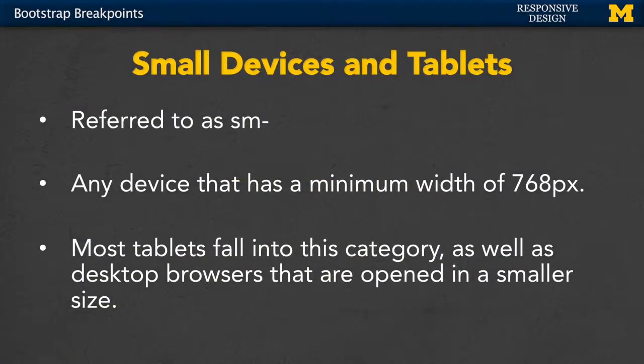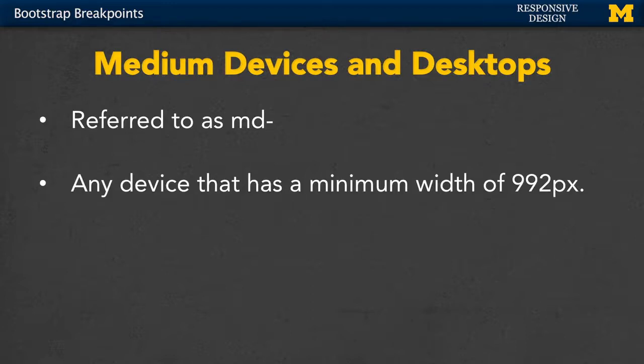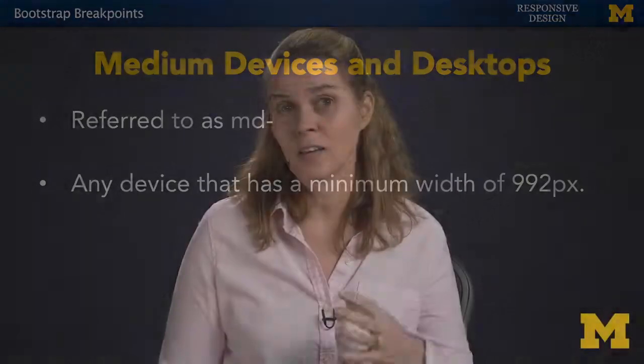Most tablets fall into this category, but you also need to remember that for many desktop browsers, people open up smaller window sizes, so it would also trigger this viewport as well. For medium devices and desktops, we use this code MD for medium. This is any device that has a minimum width of 992 pixels. Again, Bootstrap hard codes these.